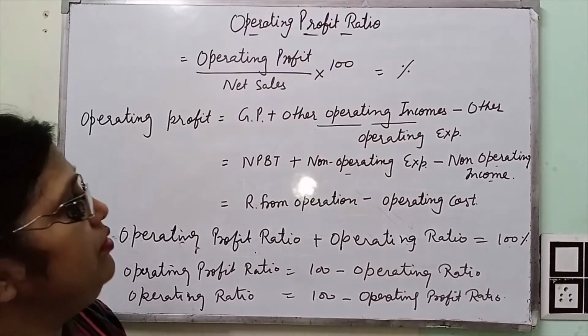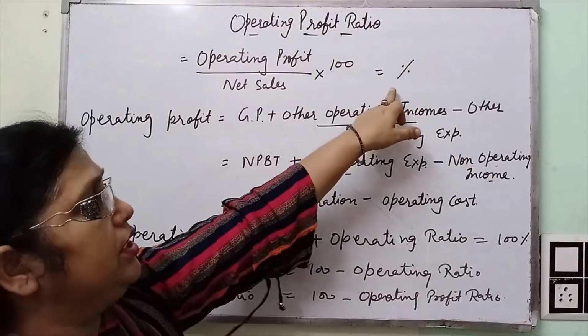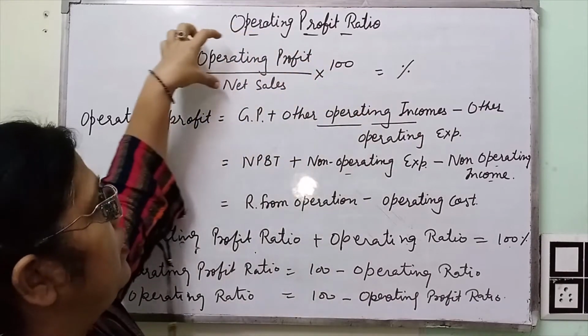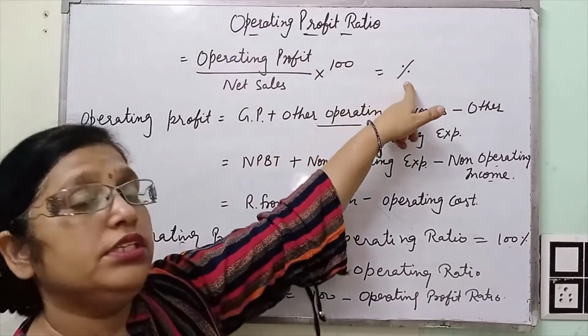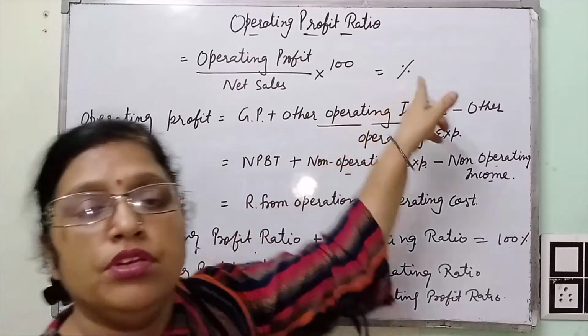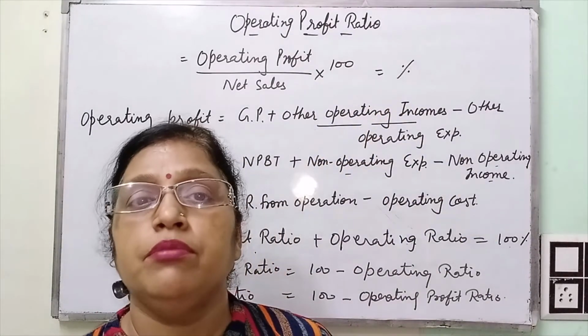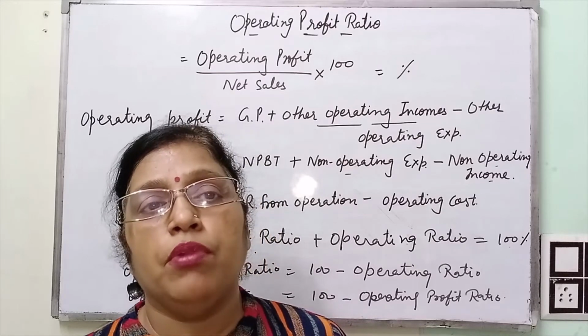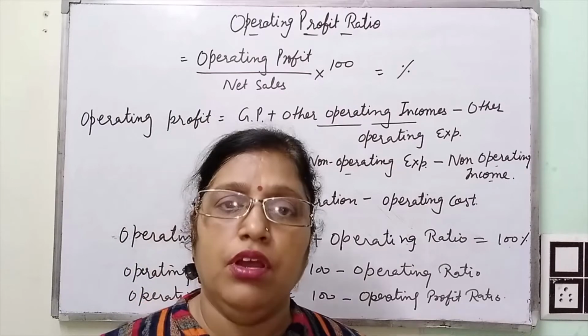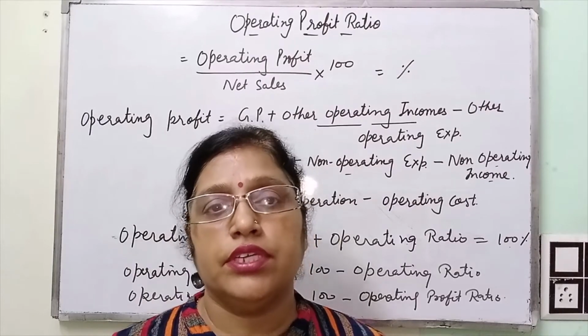I explained you that for calculating percentage, we have to multiply the fraction by 100, and higher the percentage in case of profitability ratios shows the higher efficiency of the business organization. So now we will do practical problem on behalf of this ratio, and the question is on your screen.